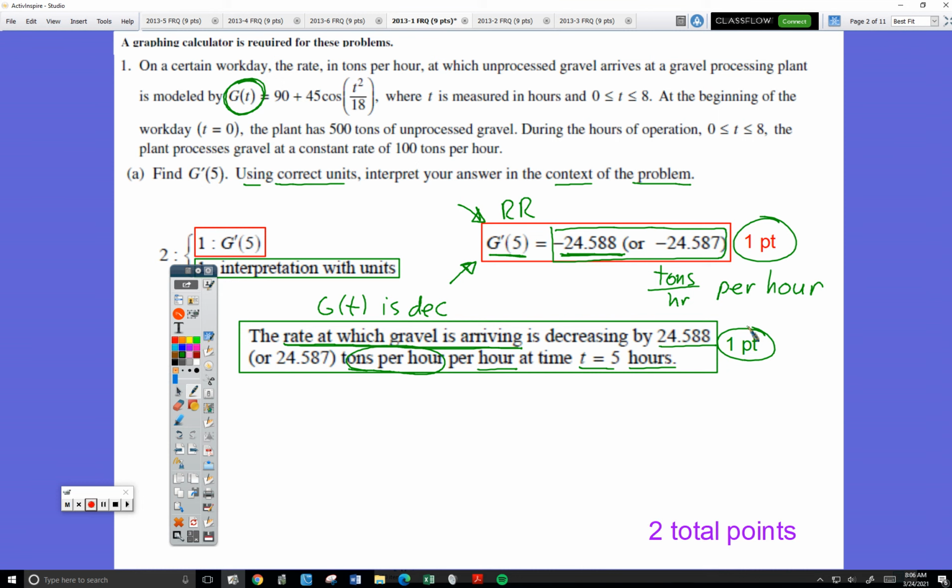You've got to describe the rate at which gravel is arriving, that's G. That rate itself is decreasing by this number, because this number tells me how fast this rate goes up or down. You've got to have these units, tons per hour per hour. You've got to say it's at time equal 5 hours. That would get you 1 point, or 2 total points on part A.